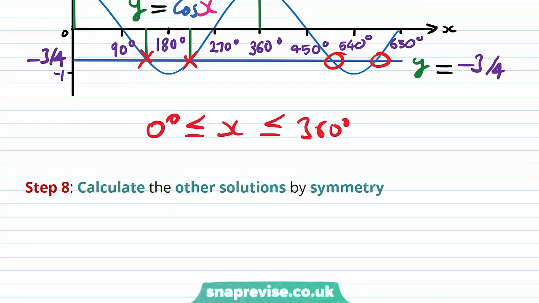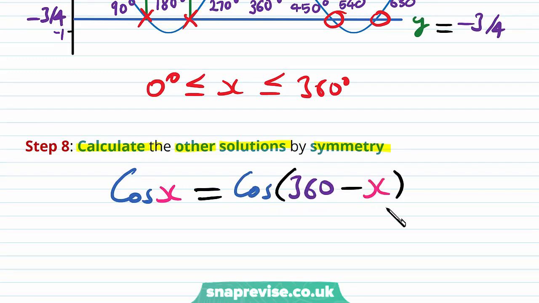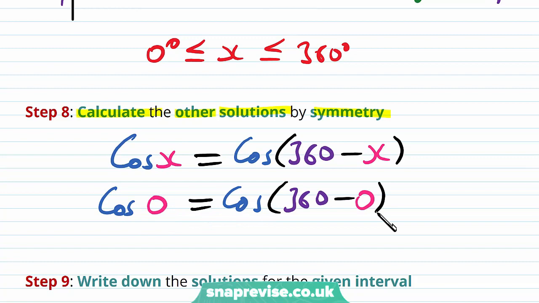Our eighth step is to calculate the other solutions by symmetry. We have that the cosine of x is equal to the cosine of 360 minus x. And so therefore we get that the cosine of 0, for example, is equal to the cosine of 360 minus 0, which of course is simply the cosine of 360.